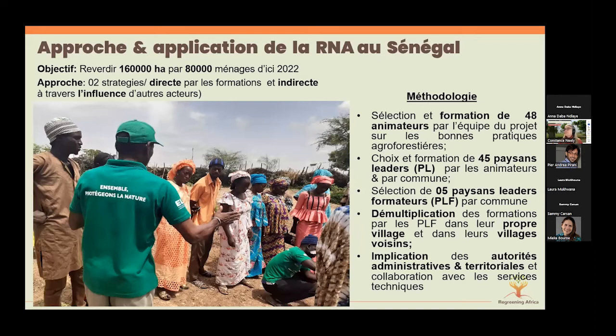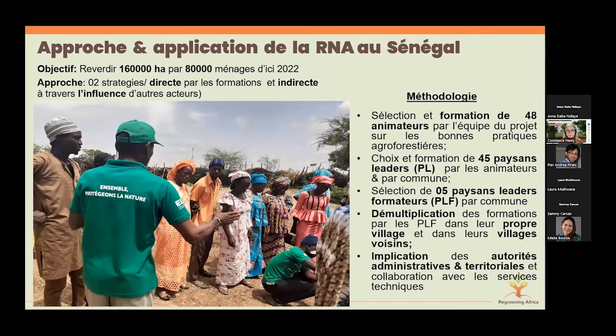we started with the selection and training of community hosts. After this first stage, we moved on to the choice of lead farmers. And in this group, we chose and trained training farmers.